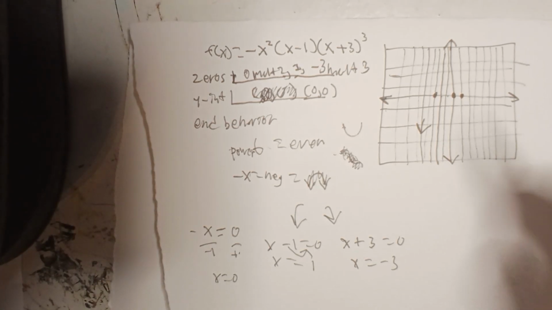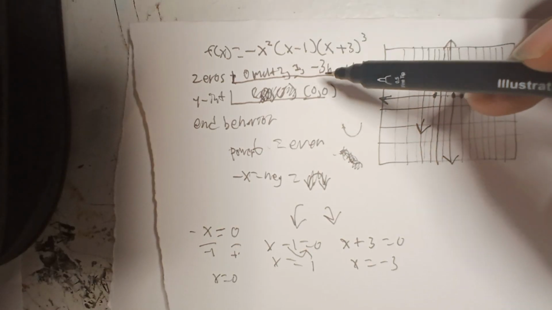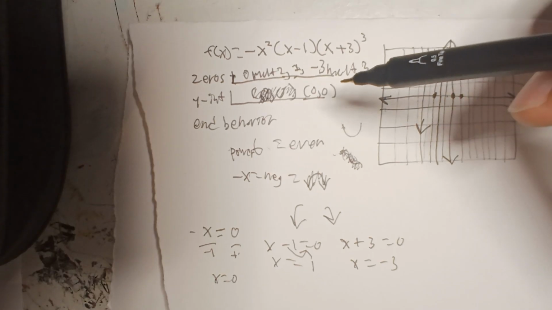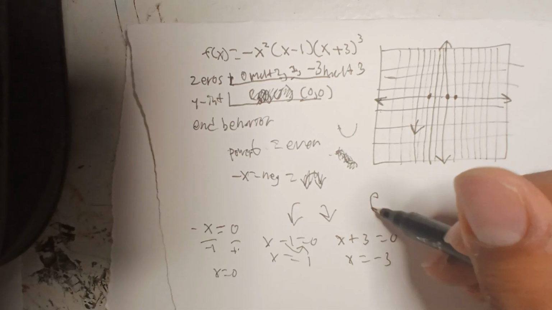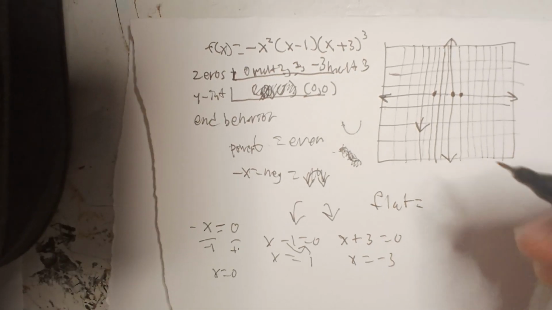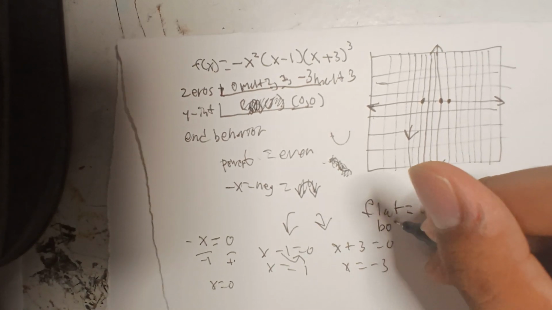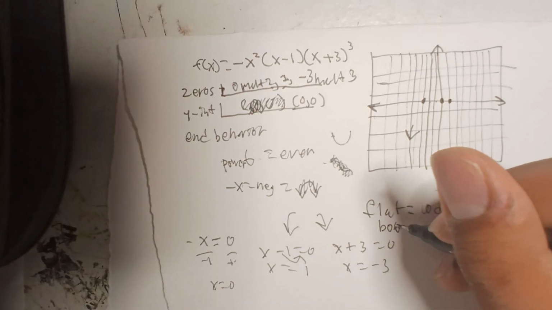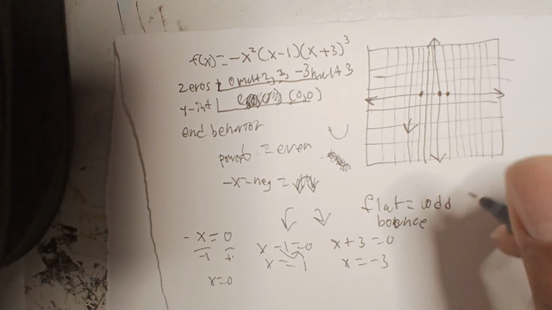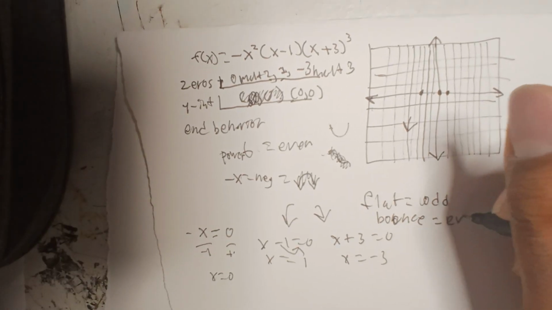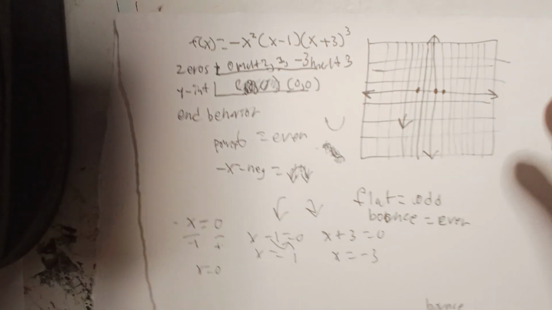Before I reach that point, I have to remember that negative 3 has a multiplicity of 3, meaning that it's going to flatten. So whenever it's odd, flatten, and if even, then bounce. I'll explain what these are in a second. Bounce, B-O-U-N-C-E. I think that's how you spell it.